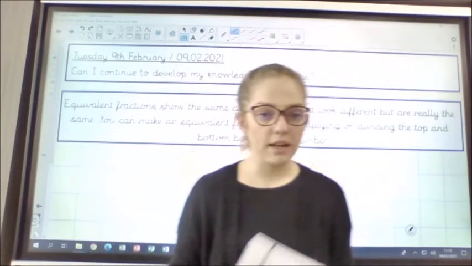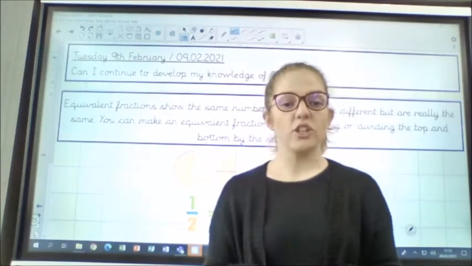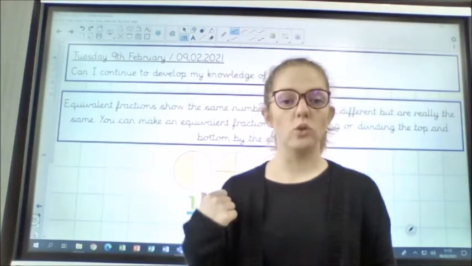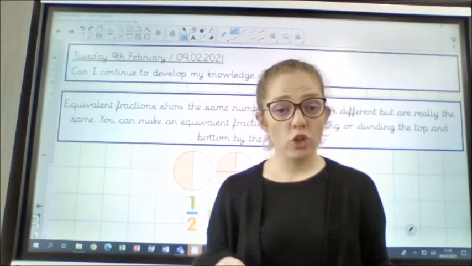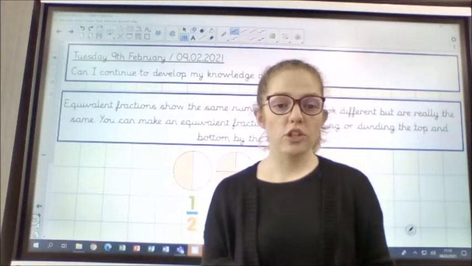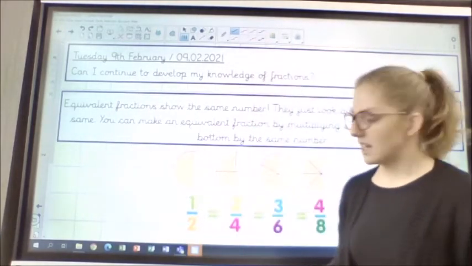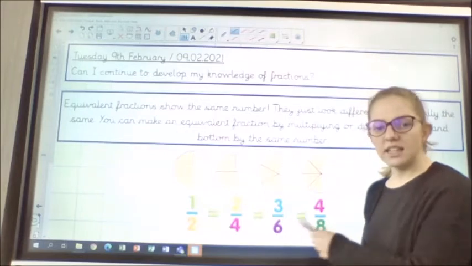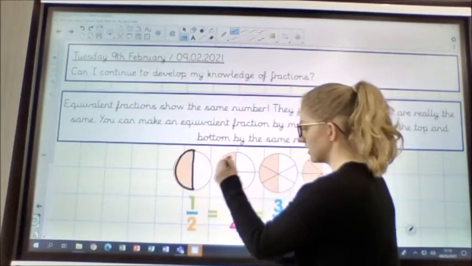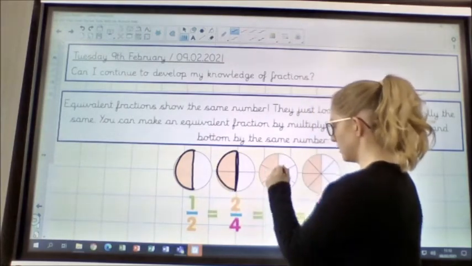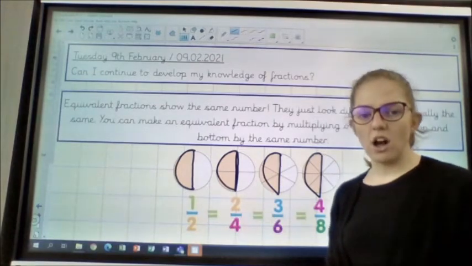A little explanation about equivalent fractions. Equivalent fractions show the same number. We saw when I was drawing on my fraction bars and shading them in, it was showing the same amount. It was just that the fractions were written in a different way. All of these down here are equivalent fractions because they all represent a half.